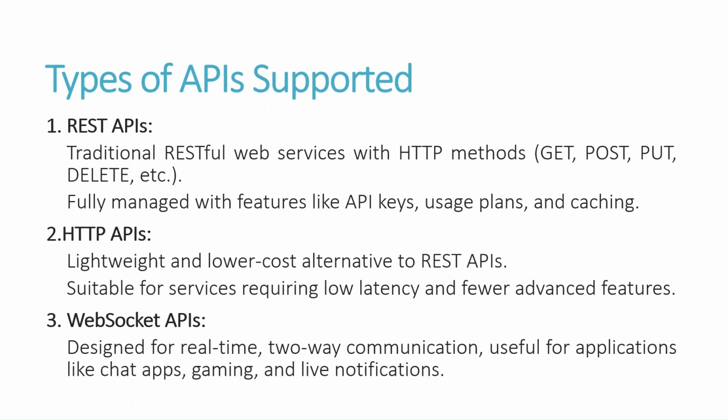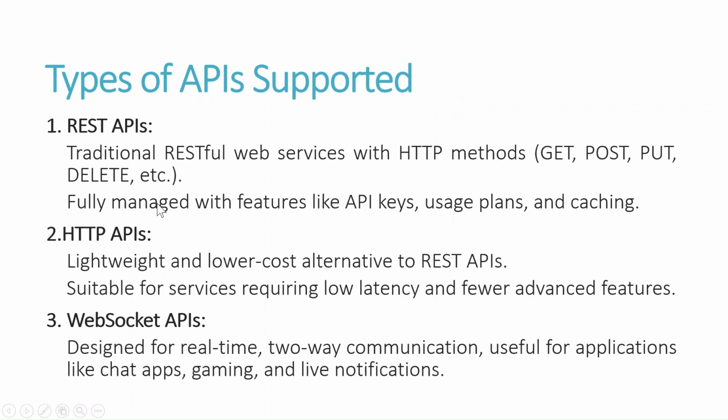Now let's see what are the API types which AWS API Gateway supports. So firstly, the REST API. The REST API is a traditional web service with HTTP methods like get, post, put, or delete.